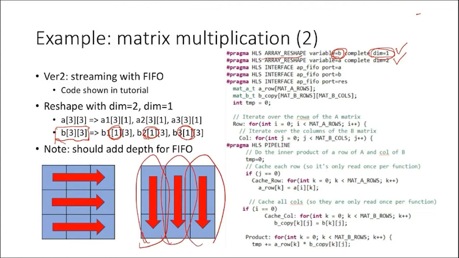So we need to reshape the array according to the first dimension. First dimension means that it is partitioned vertically. Because we partition the array vertically, each element in a single column is stored in an individual BRAM, so they can be accessed concurrently.